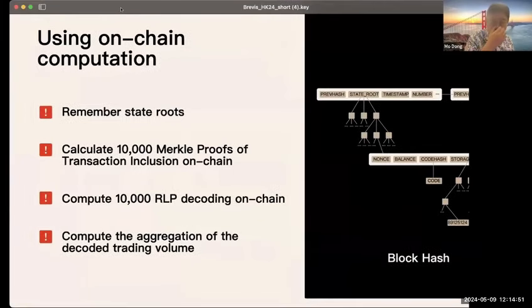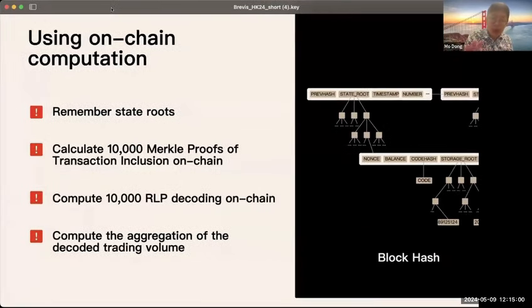So why is that, right? If we think about how we can compute a user's trading volume today on-chain directly, well, it's possible, but it's extremely expensive. First, we need to remember all the historical state roots on the blockchain directly. Basically, what are the block hashes that happened in the past, so that we can retrieve the corresponding transaction or event that is generated by this user.